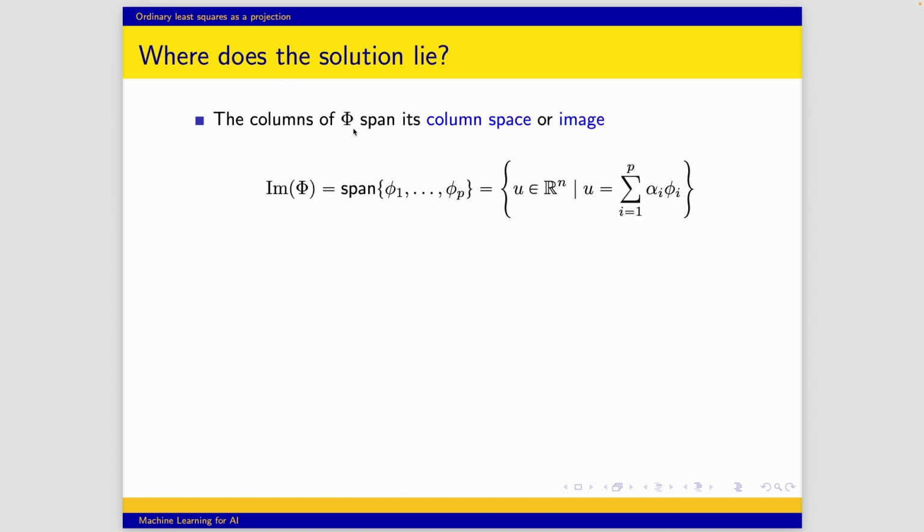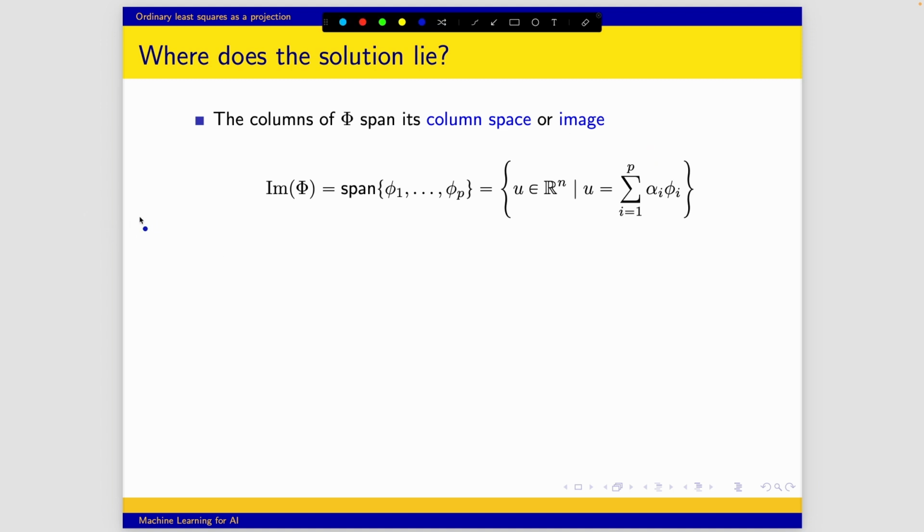Now, the columns of our design matrix, phi, span what we call its column space. That is the definition of the column space of a matrix. It's all linear combinations of column vectors, or the image space of our design matrix phi.